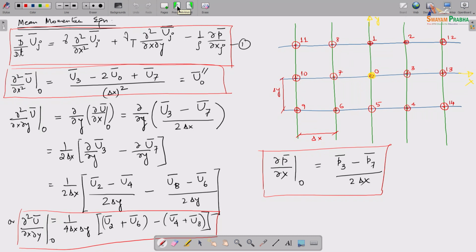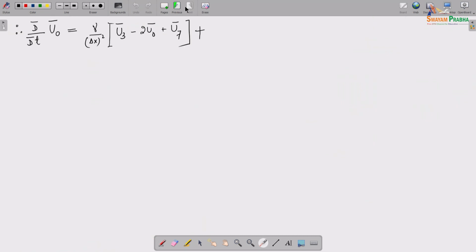So if you see, this is u3 minus 2u0 plus u7, and I multiply that by nu, and delta x squared was there.